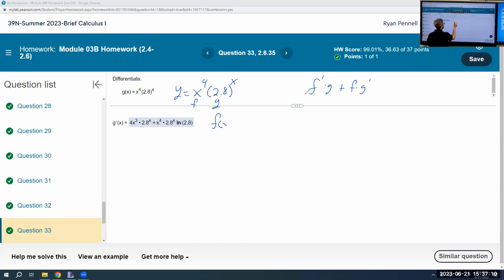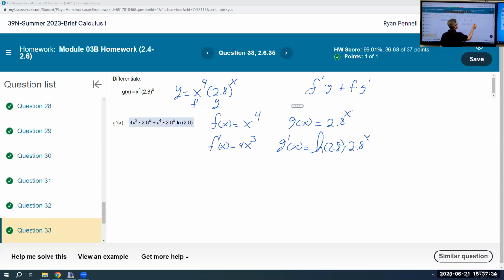So if f of x equals x to the 4th, f prime of x equals 4x to the 3rd. g of x equals 2.8 to the x, so g prime of x equals the natural log of 2.8 times 2.8 to the x.